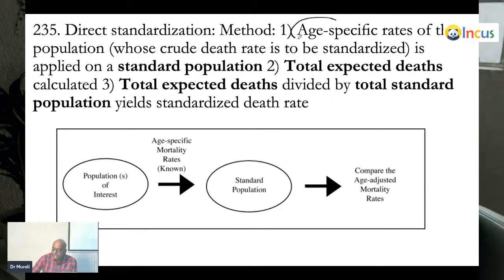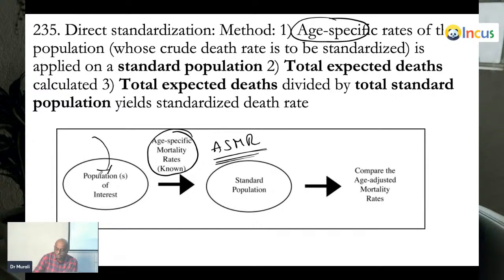We take the age-specific rate of the population. Age-specific mortality rates. So you have a population of interest. You have taken the age-specific mortality rates that are known.